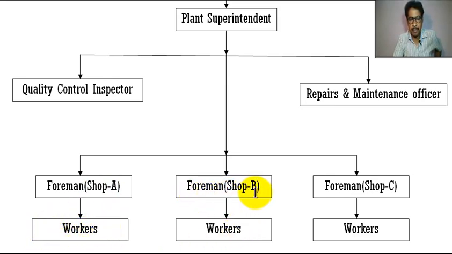Under foreman shop B, these are the workers. Under foreman shop C, these are the workers. Foreman shop C controls these workers. Foreman shop B controls these workers. Foreman shop A controls these workers.